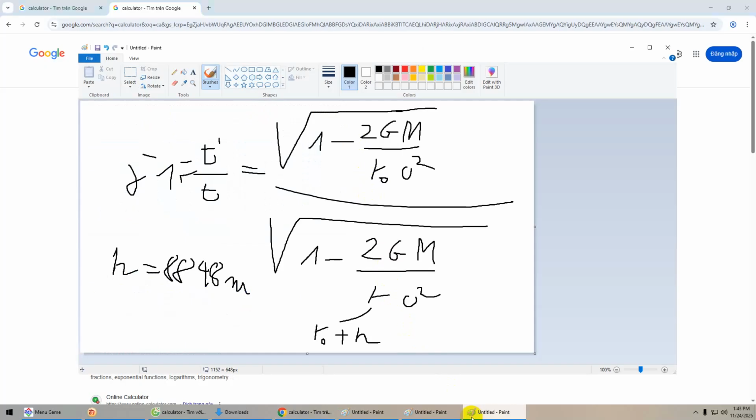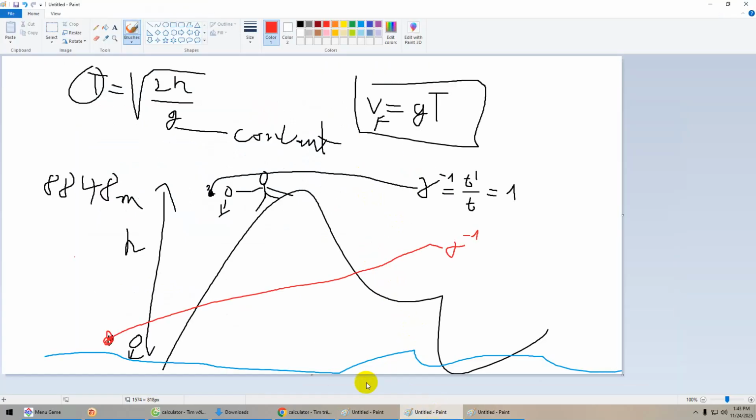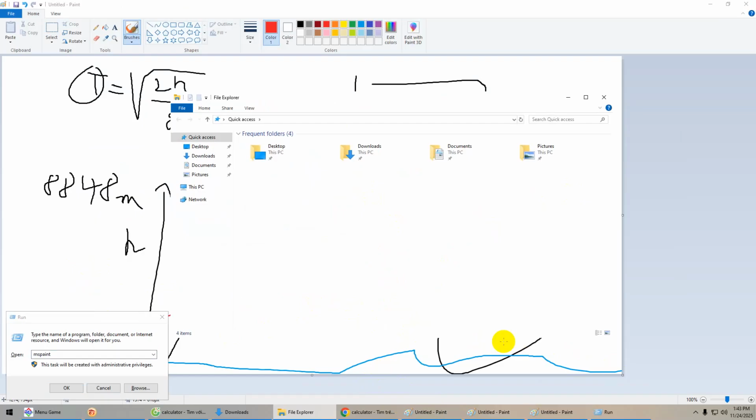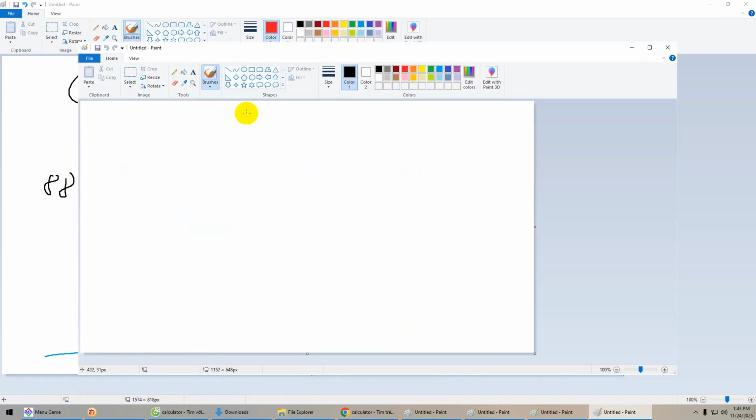Now let's see the magic of how it happened. Now, we come back to special relativity, the very familiar time dilation formula: T prime equal to T multiplied by the square root of 1 minus V square over C square.